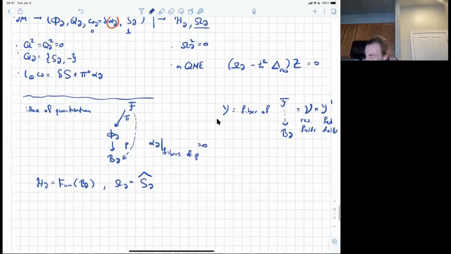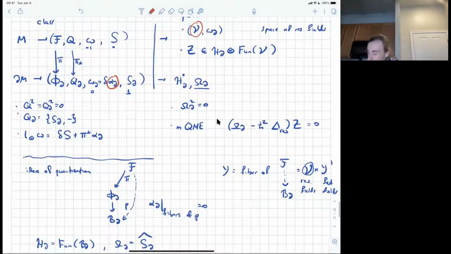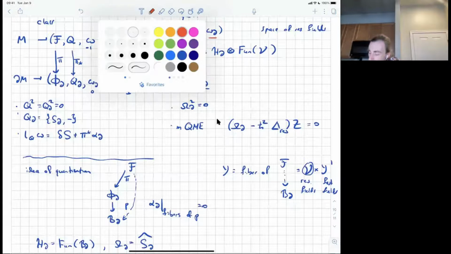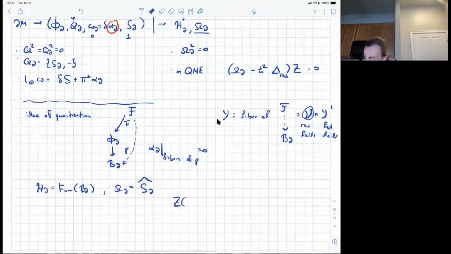Then this V exactly goes as a part of the quantum package here with its odd symplectic structure. And the partition function, the idea is the following, that it depends on a boundary condition, on an element of B boundary, and on a residual field.